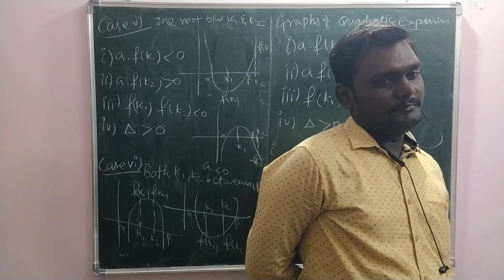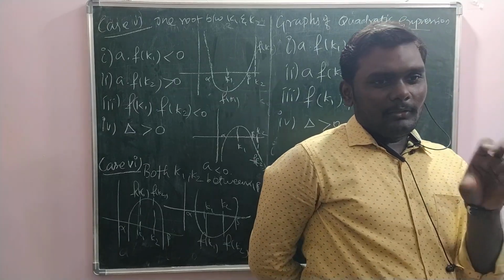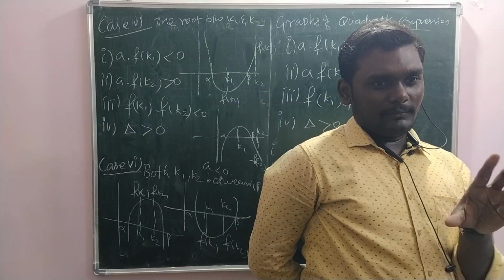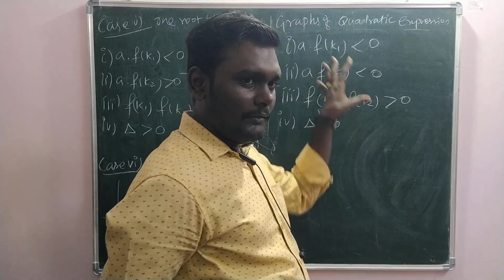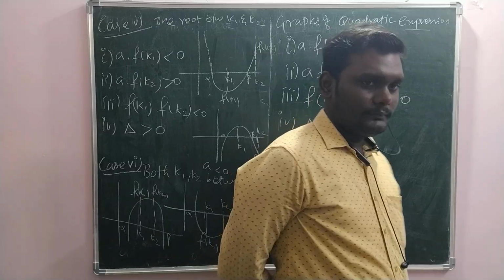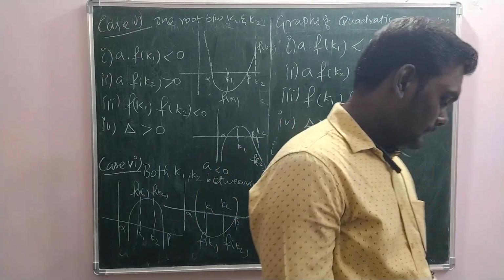See, the thing is, we might know some peculiar details about the roots based on their location. So based on these conditions, we can find the unknowns. That's all. We'll work out one question.